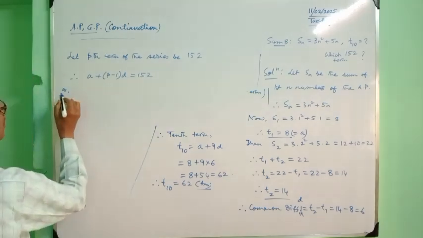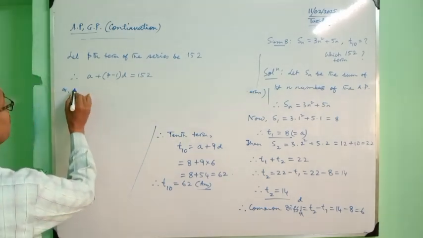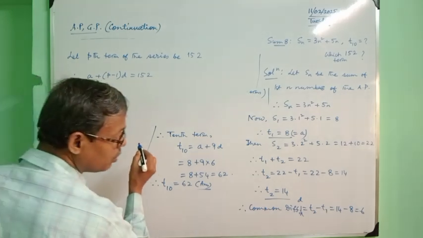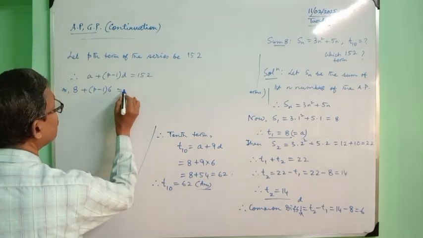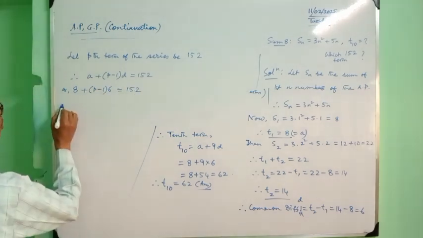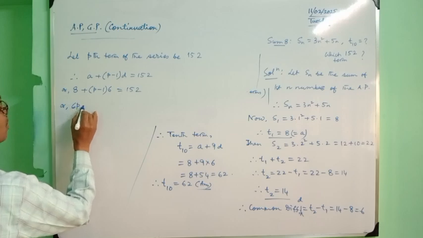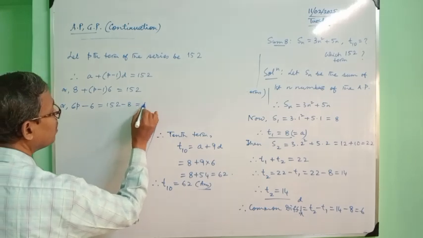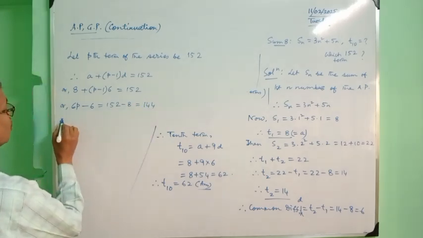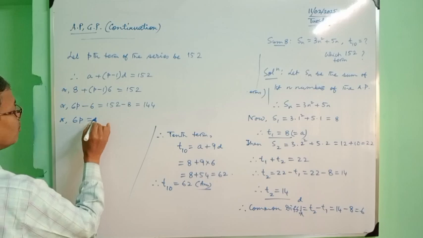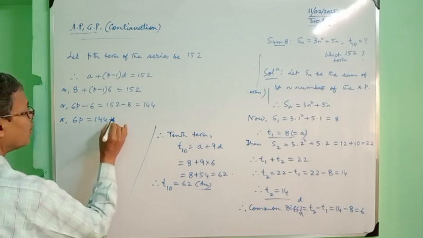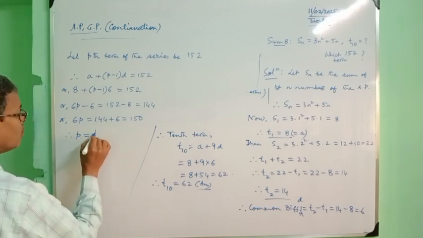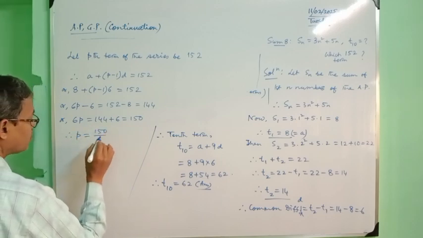I put the values, A is equal to 8, P minus 1 whole into D is 6, or 6P minus 6 equal to 152 minus 8, 144, or 6P equal to 144 plus 6, 150. Therefore, P equal to 150 by 6.